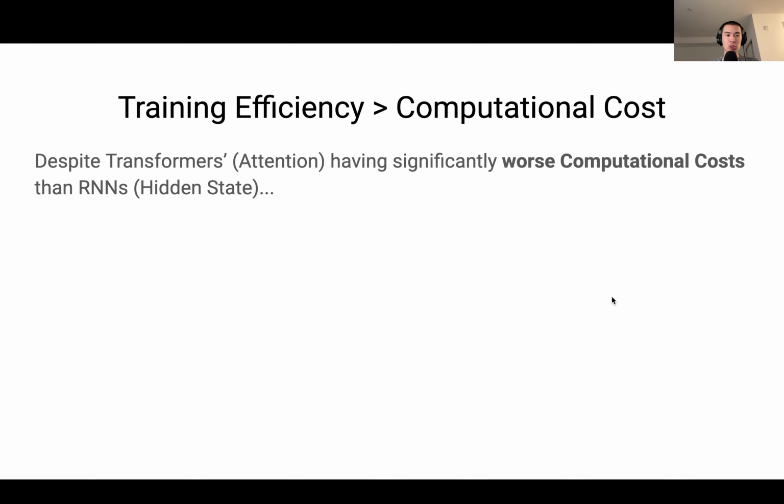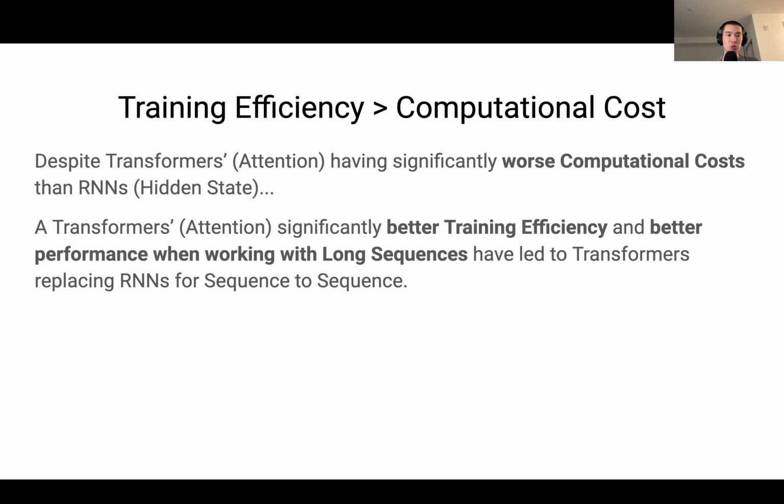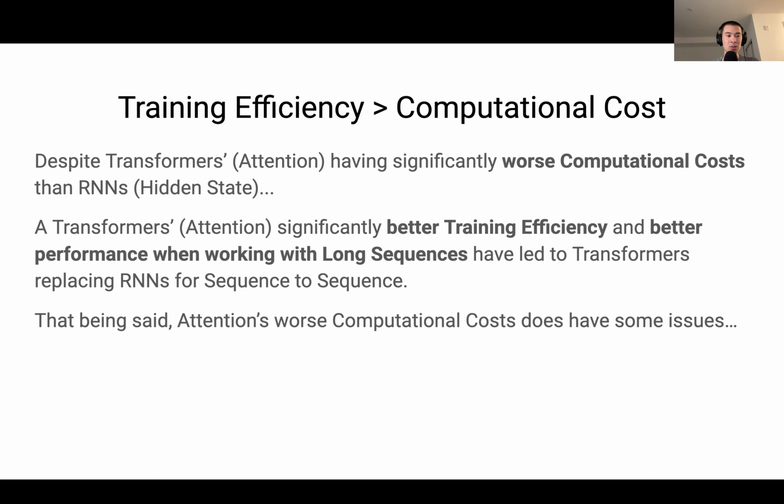Now, despite transformers having significantly worse computational costs than RNNs, a transformer's significantly better training efficiency and better performance when working with long sequences have led to transformers replacing RNNs for sequence to sequence. That being said, attention's worse computational cost does have some issues.